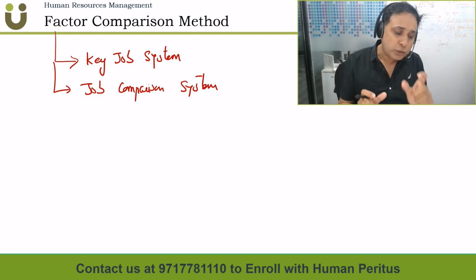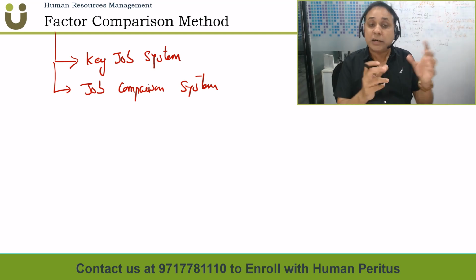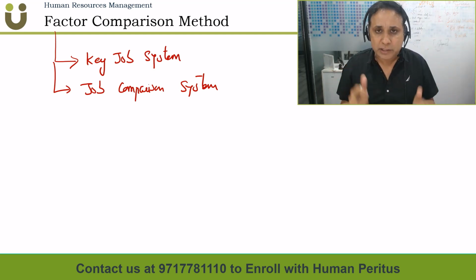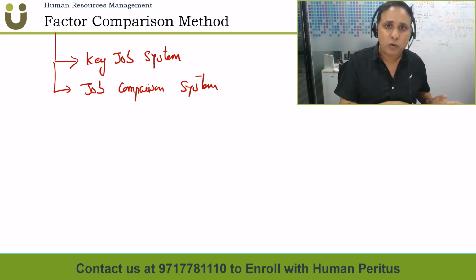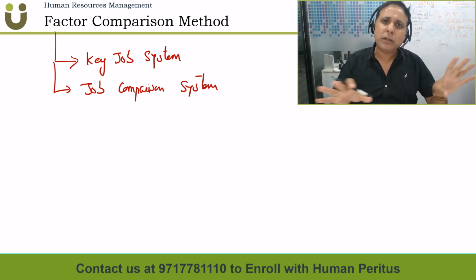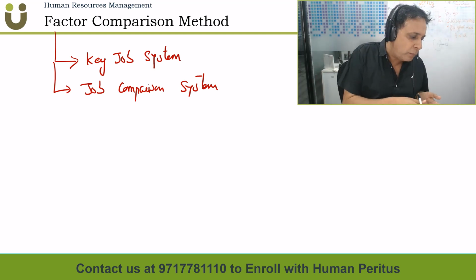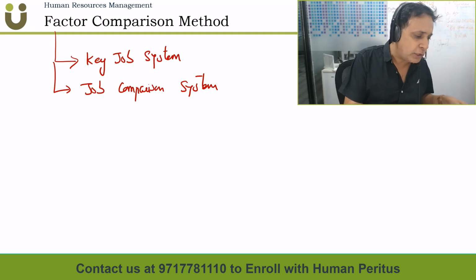And these existing jobs are also known as key jobs, standard jobs or sample jobs. And we are pretty confident about these existing jobs. There is no dispute whether we are underpaying or overpaying. We are very sure about what we are doing with the existing jobs. And now we want to compare new jobs based on these existing jobs only.